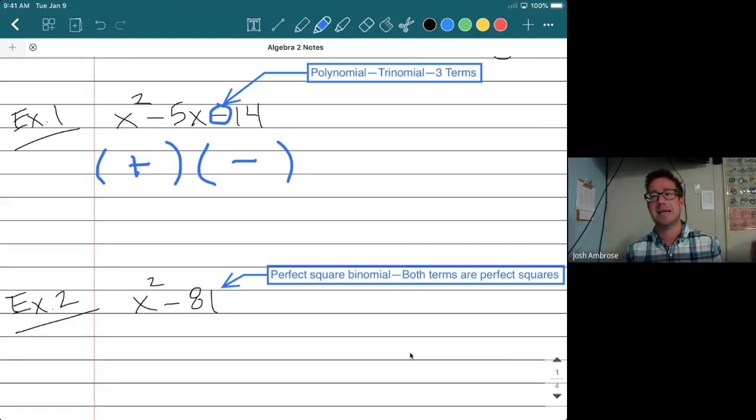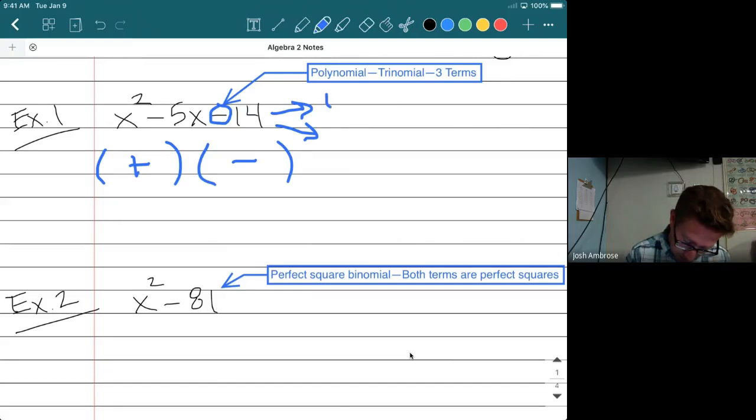That's how that second sign gets created. Now, the next step is this 14. We need to break it down into all the possible factors that could create 14. So 1 and 14 could make 14, that's 1 times 14, or 2 and 7 could make 14.